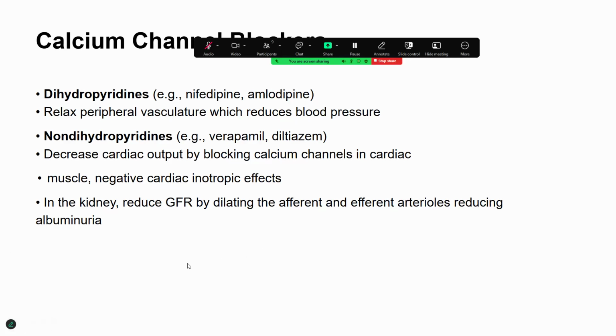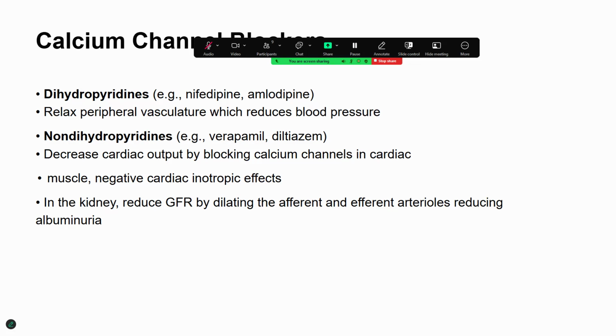Calcium channel blockers: the dihydropyridines and the non-dihydropyridines. The way I remember that one is the dihydropyridines, the amlodipines, end in the pines, and the non-dihydropyridines are verapamil and diltiazem, which don't have the pine word. They also have some kidney protection by reducing GFR by dilating the blood vessels going to the glomeruli.